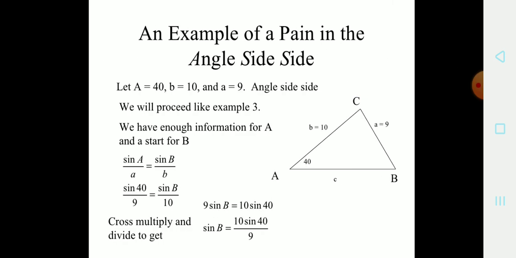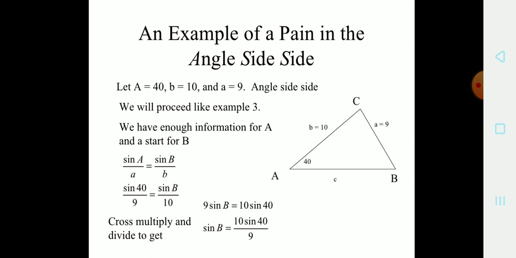So here is an example of the side-side-angle case. Let A equal 40, B equal 10, and a equal 9. We will process it like example number 3. We have enough information for A and B, so sin A over a equals sin B over b. So sin 40 over 9 equals sin B over 10.